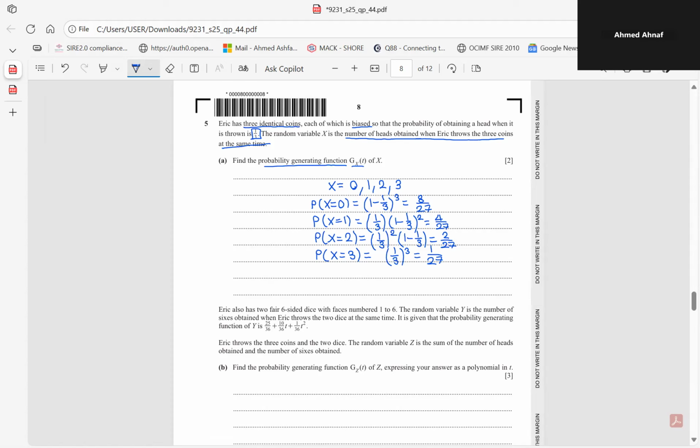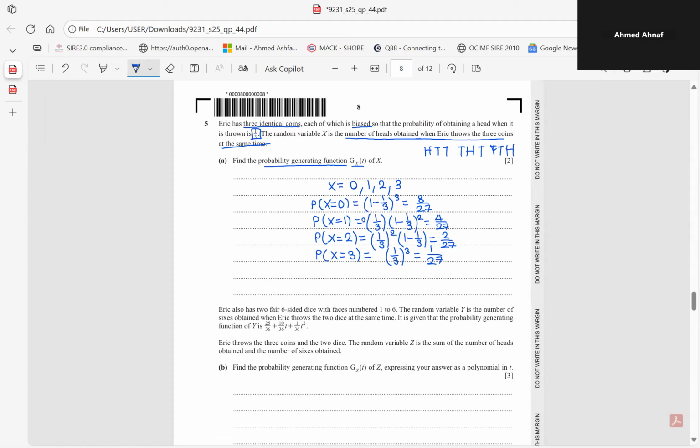Wait, what? Okay, so the number of heads obtained when Eric throws the three coins at the same time. For X equals 1, you can have head, tail, tail, or tail, head, tail, or tail, tail, head.